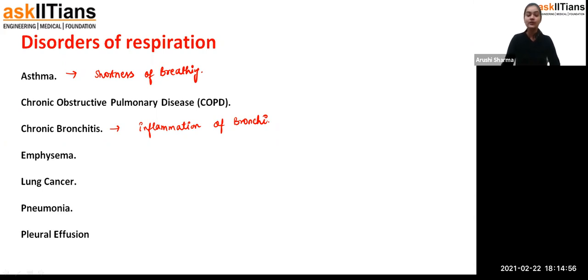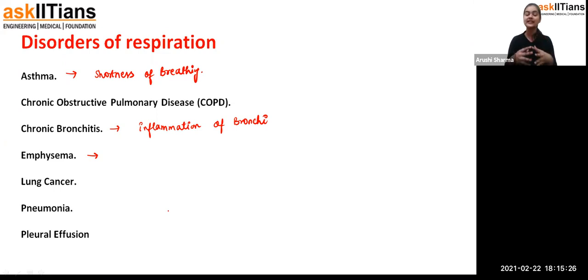Fine. Now in emphysema, what happens, students, in this type of disorder is that people face shortness of breath. But why are they getting that shortness of breath? Because in that condition, the air sacs, that means alveoli, I have told you that alveoli are the air sacs, from where the gases are exchanged from blood to alveoli, and from alveoli to blood.